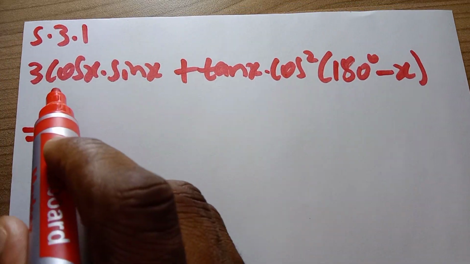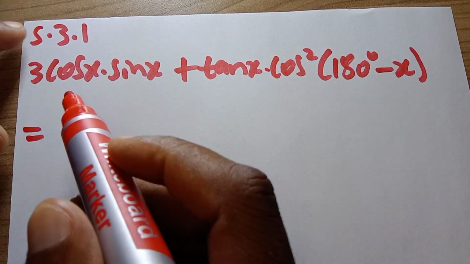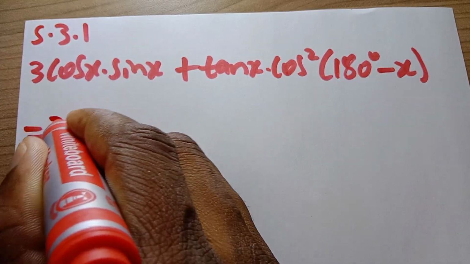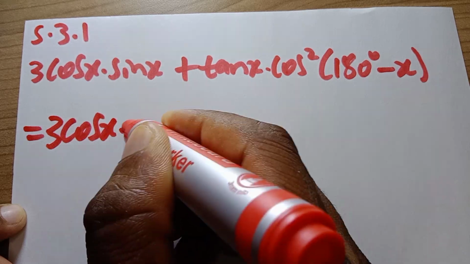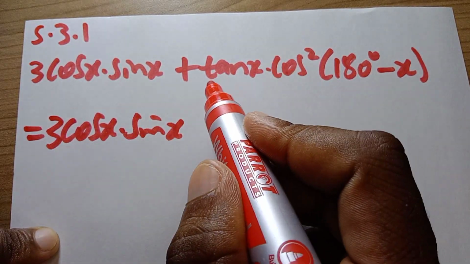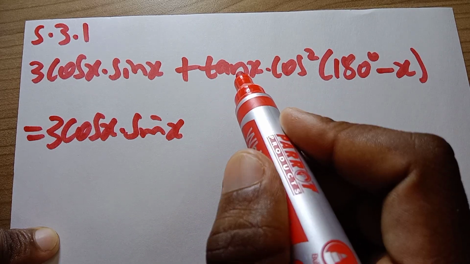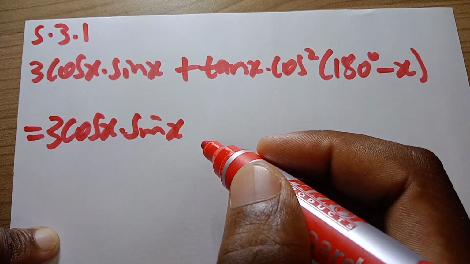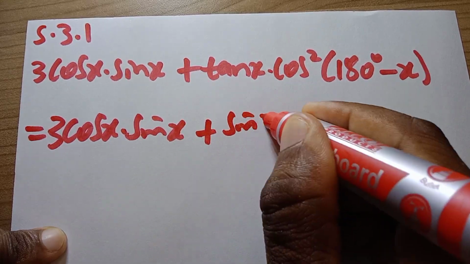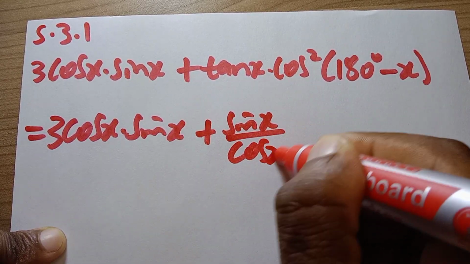With this one, we just leave it like this for now. Then we just copy it. We're going to have 3 cos x multiplied by sin x. Then with this one, we are having the tan there, and the tan is an identity. Then we can replace it by sin x over cos x there.